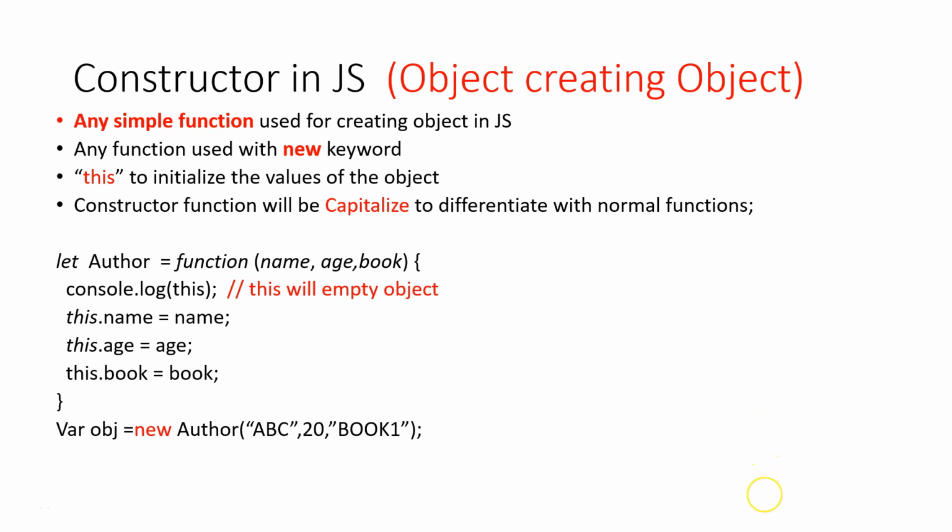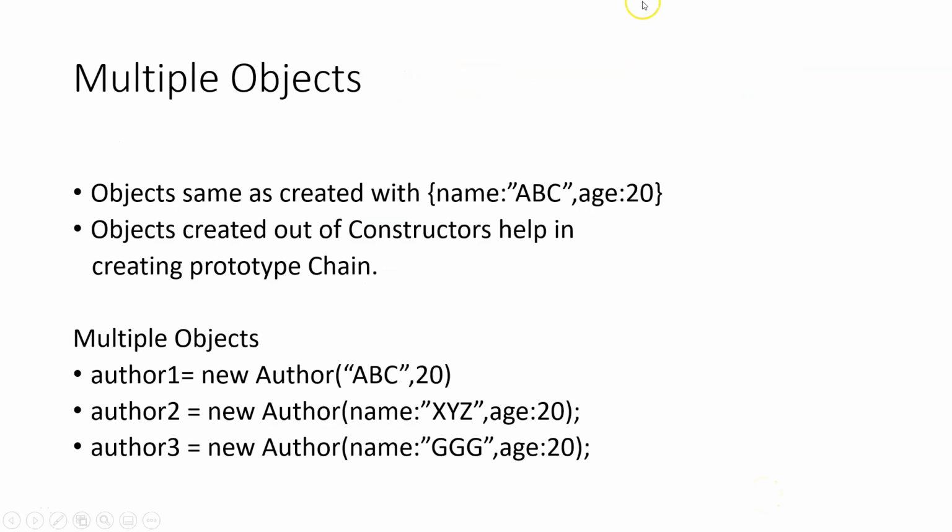So now we have created an author object. Let us proceed. Now we have created a common template with which we can create multiple objects.